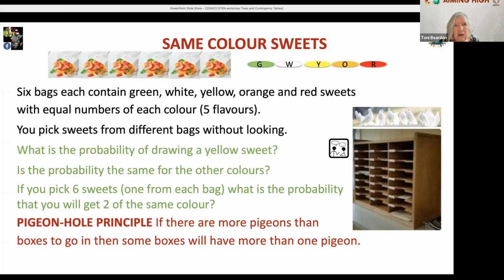So if you pick 6 sweets, 1 from each bag, and there are only 5 colors, then you must get 2 of the same color. Because if the first 5 you pick are all different colors, you've got all possible colors. So the 6th one, just like 2 pigeons having to go into 1 hole, must be one of the colors you've had before. So when you reach 6 here, because there are 5 colors, the probability of getting 2 of the same color is 1. It's bound to happen.